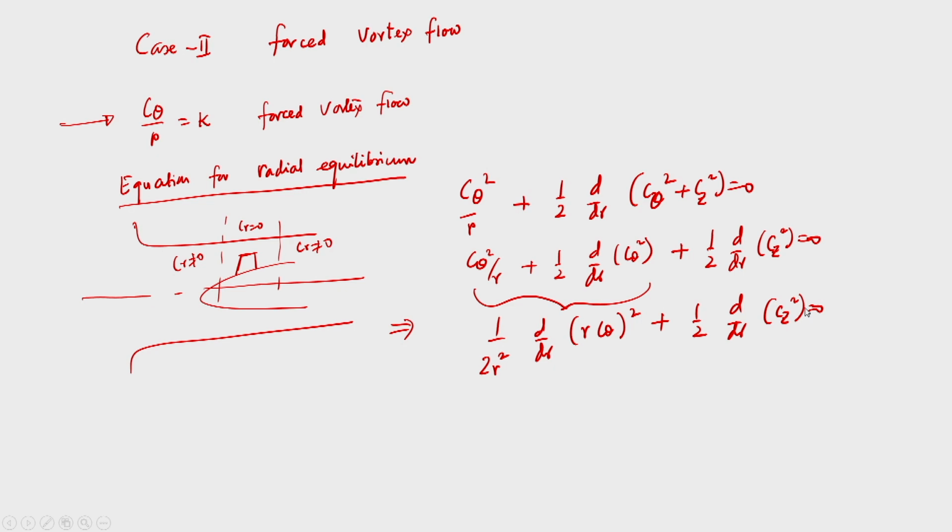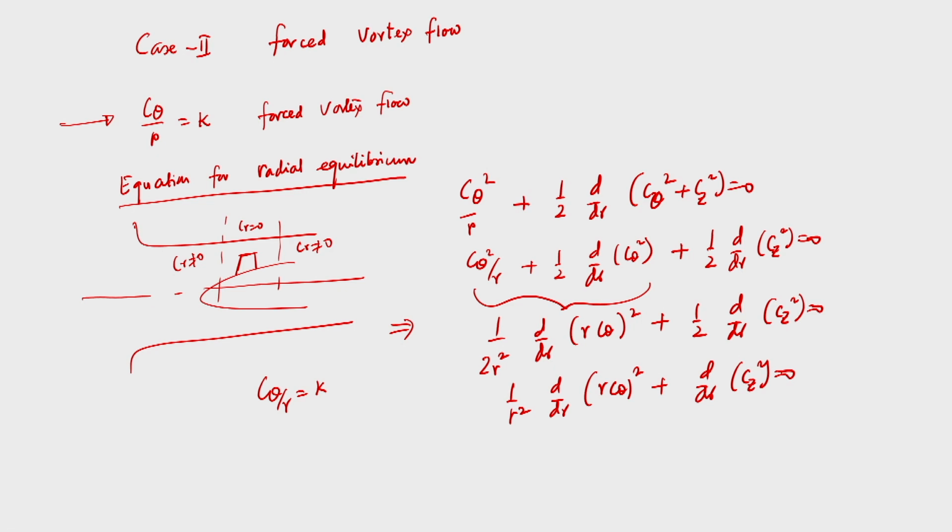Now if we consider that c theta by r is equal to constant, I can write r into c theta, that is 1 by r square d/dr of (r c theta) square plus d/dr of cz square equal to 0. This is the final equation we are obtaining.